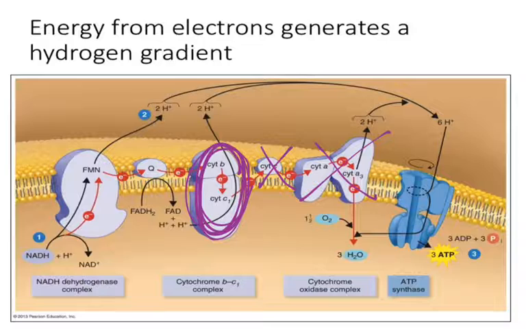What else forms throughout the process? CO2 does as well. The complete oxidation of those carbon molecules from the glucose produces the CO2. When does that get produced? Glycolysis, Krebs cycle, or electron transport? Yeah, Krebs is where that CO2 gets produced. Good.